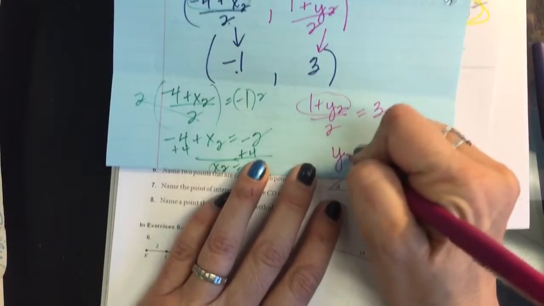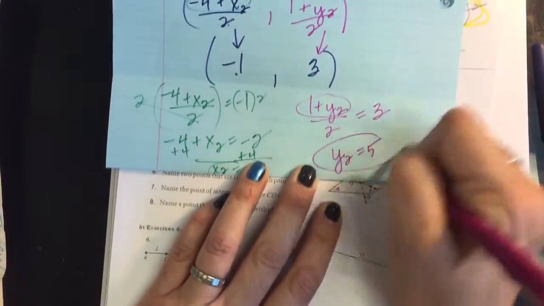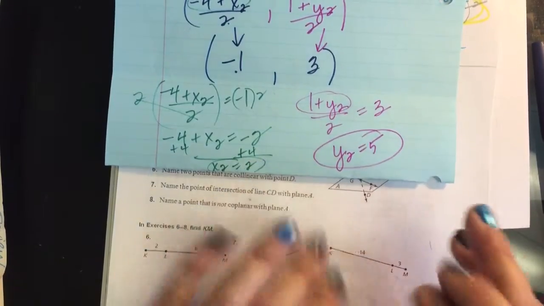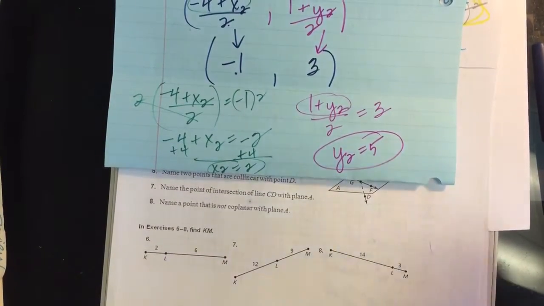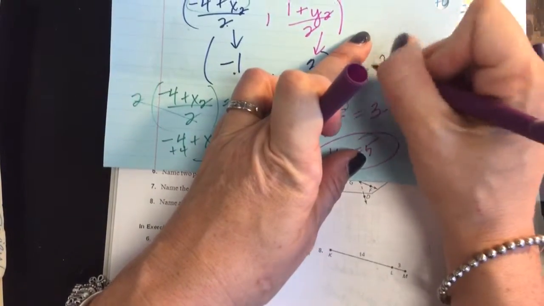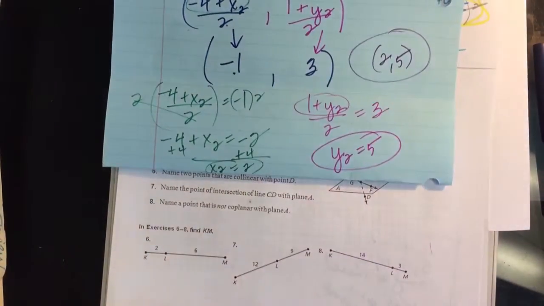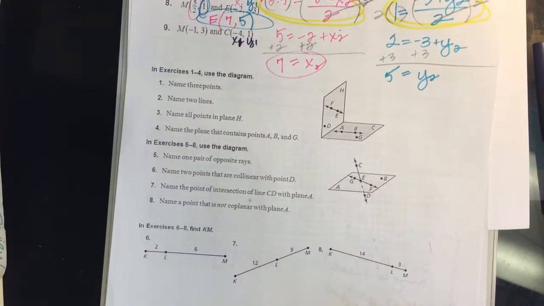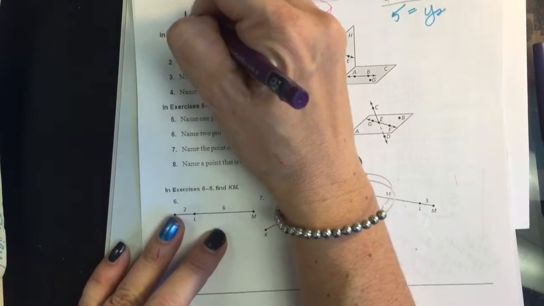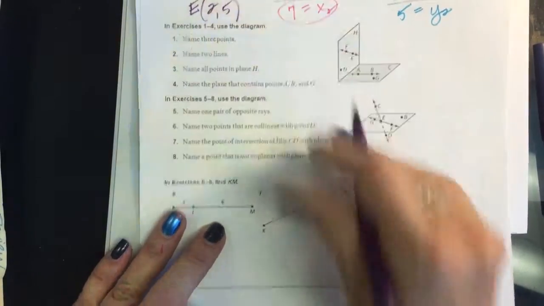So y2 would have to be 5. So then your missing xy pair is 2, 5. Let's go on to the next one. So this one, the other missing endpoint is 2, 5.